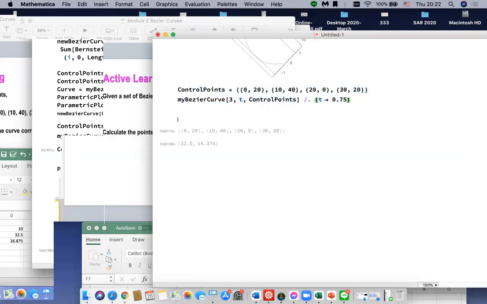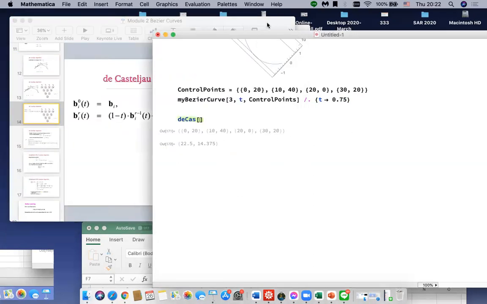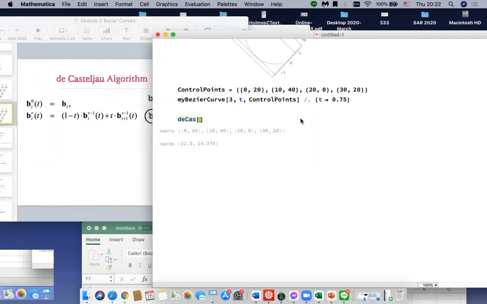First, you have to start from the base case. For the Casteljau, we have the t value. We can ignore t. We have r and i.